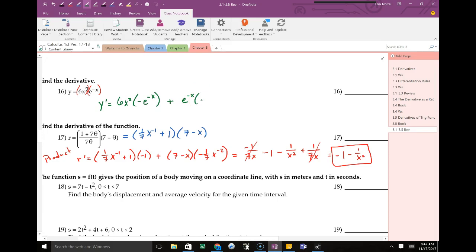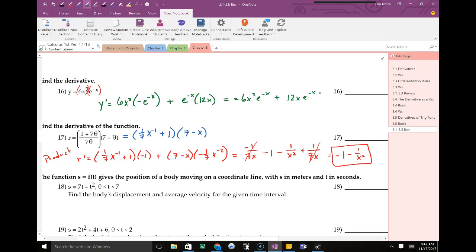What's the derivative of 6x squared? 12x. So, for me to simplify this, I would probably just take this negative that's in front of the e and pull it to the front of the term. So it's negative 6x squared e to the negative x. And then I would like to pull the 12x in front. That's not necessary to do.